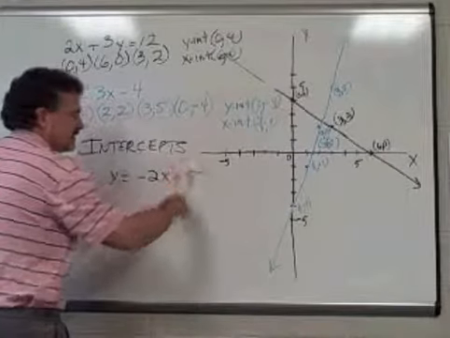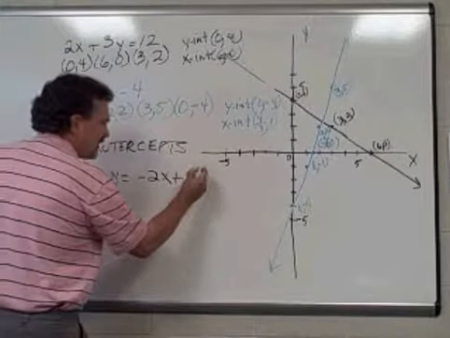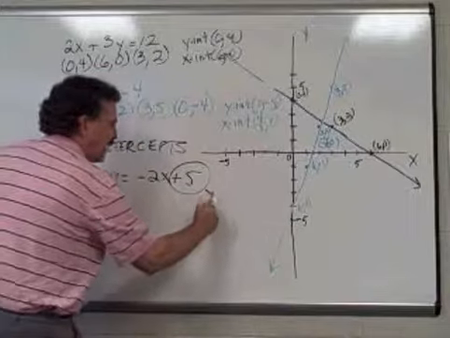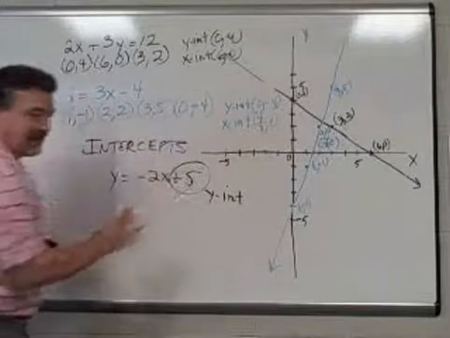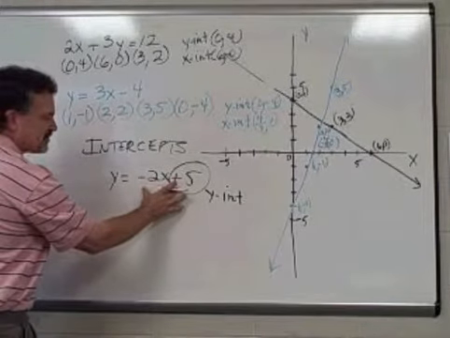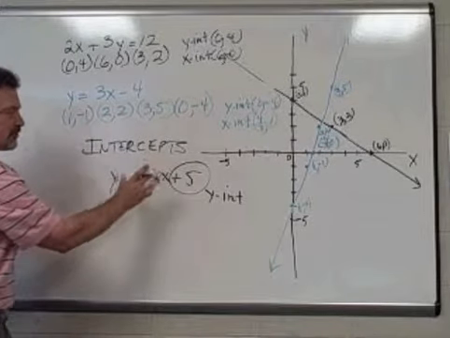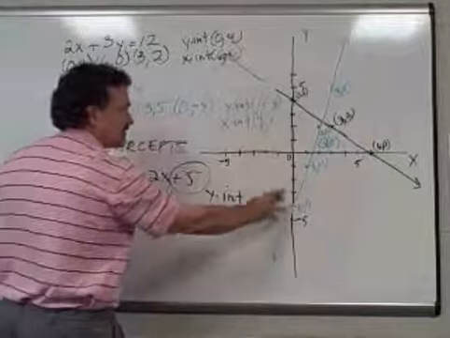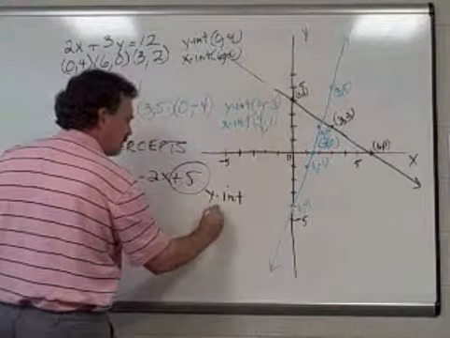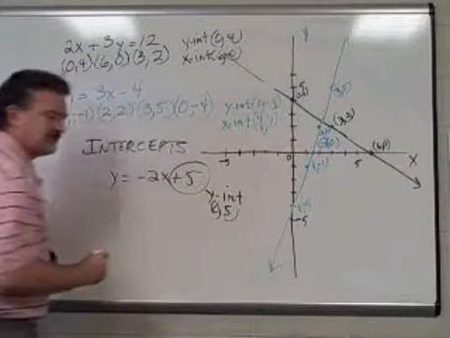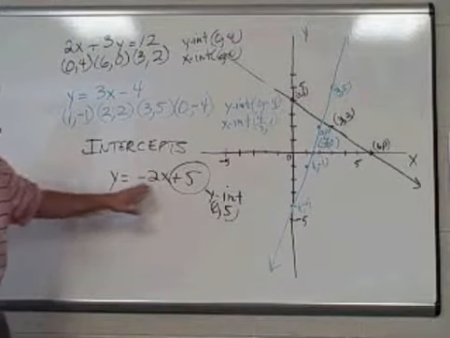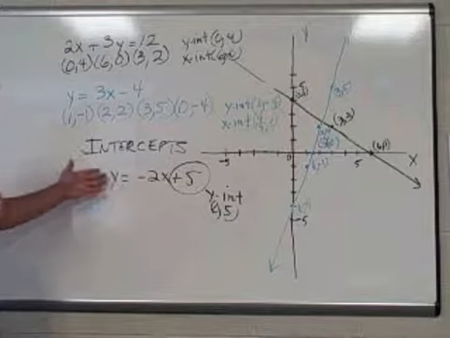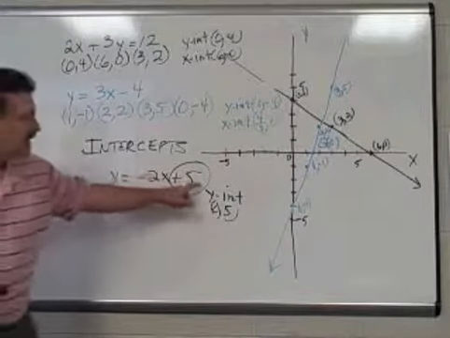Whatever the constant is is the y-intercept for that equation's graph. So this equation's straight line would cross the y-axis at 0, positive 5.